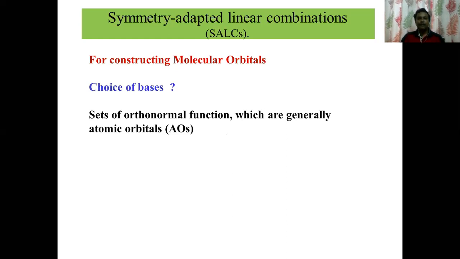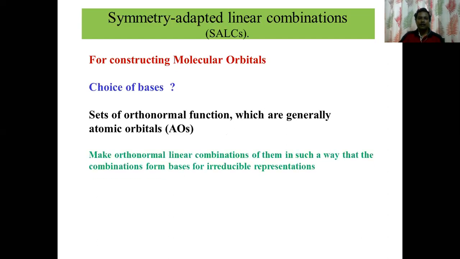Now what we do then, we take the linear combinations of those atomic orbitals in such a way that the resultant combinations form the basis for the irreducible representation of the same molecular point group, right?